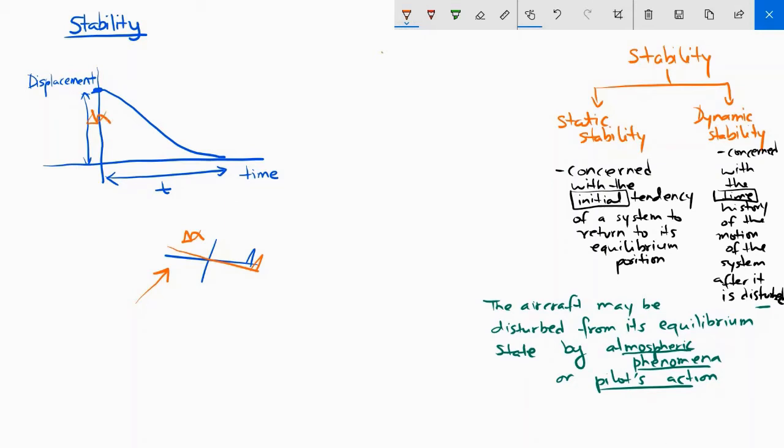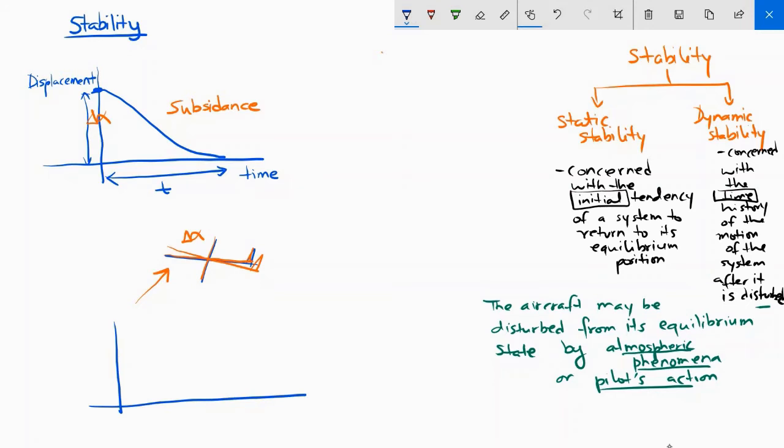Now how will this rotated aircraft come back to its original orientation? Let's say it just comes back slowly over time to the angle of attack that it was originally flying at. Okay, so this sort of a displacement behavior as a function of time is called subsidence. Now these are just names, okay? It's nothing special. It's just a way to distinguish the different types of behaviors that we may observe depending on the design of the aircraft.